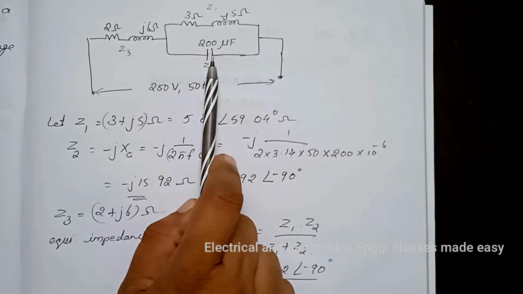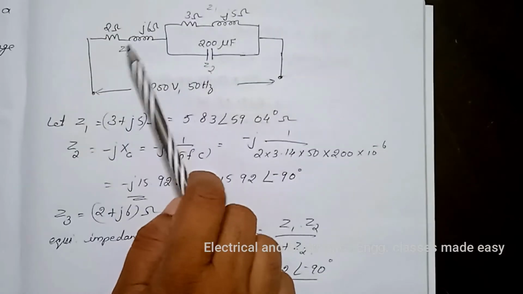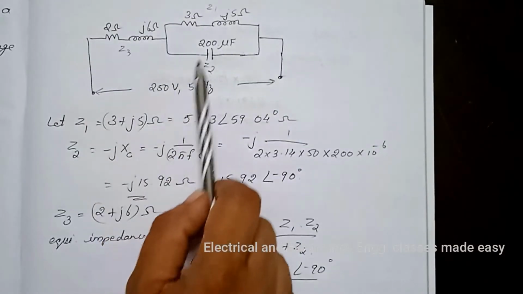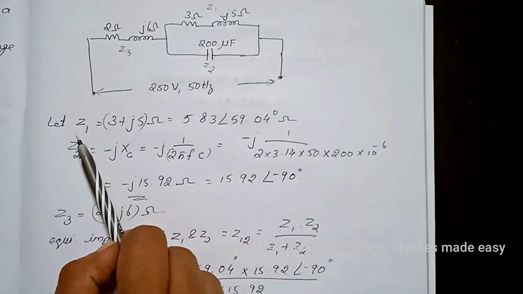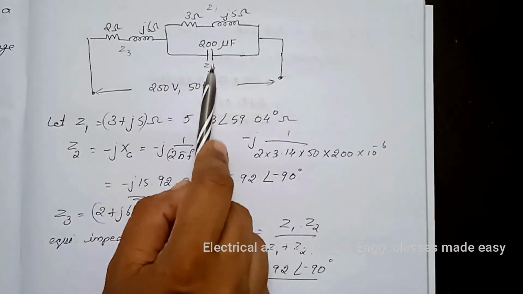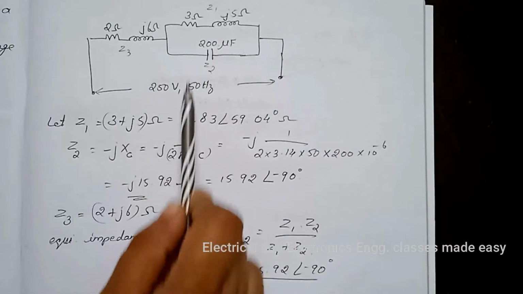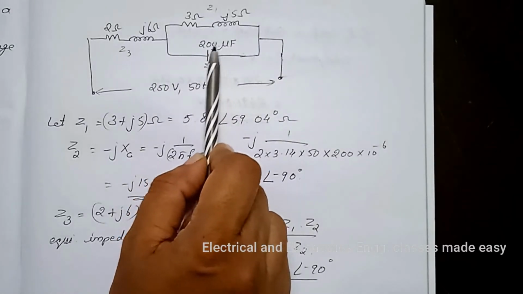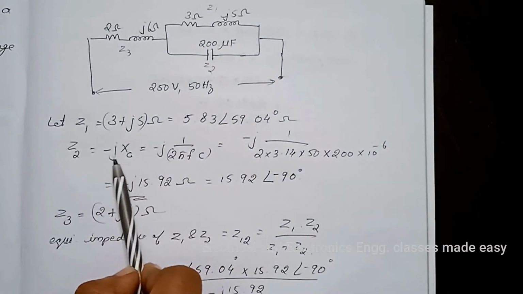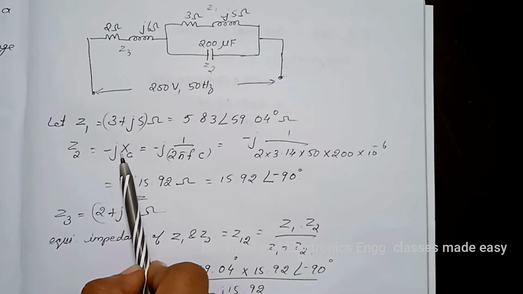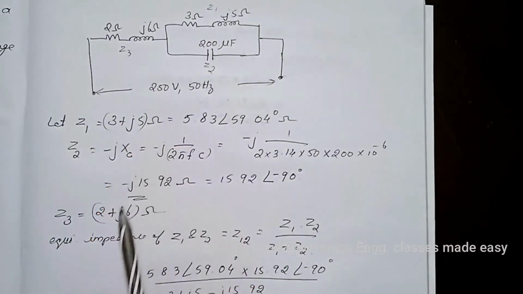So this is a combination of parallel circuit and series circuit. Let 3 ohm plus j5 ohm be Z1, and Z2 is equal to minus jXC, because here only the value of capacitance is given, so we have to find the impedance Z2 is equal to minus jXC, and Z3 is 2 plus j6 ohm.